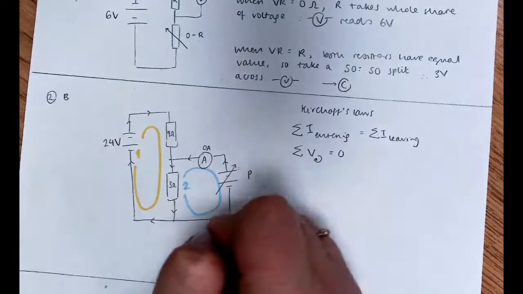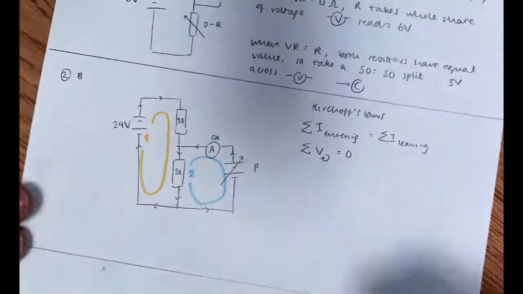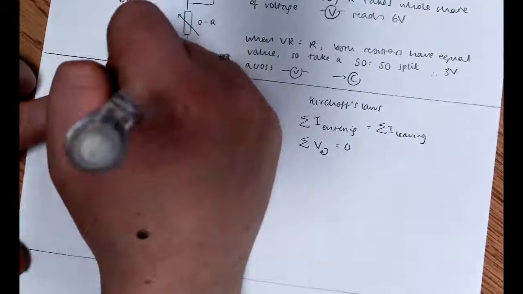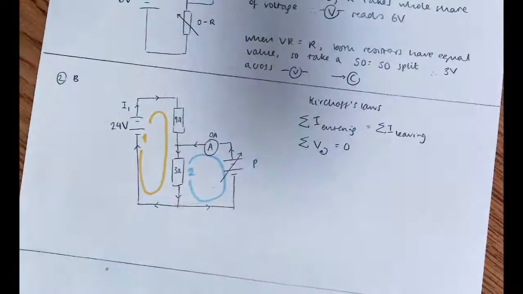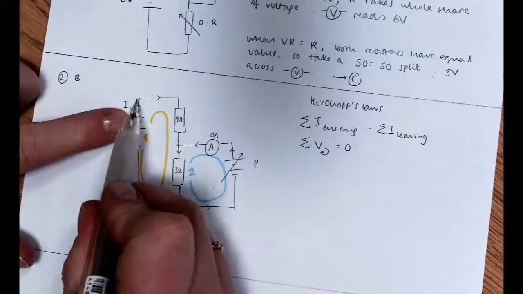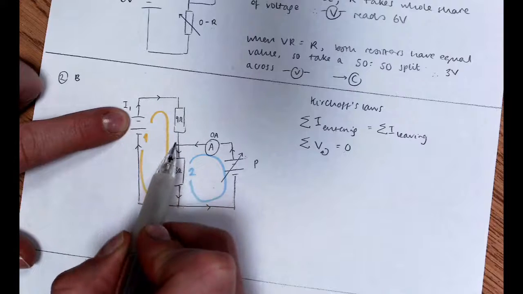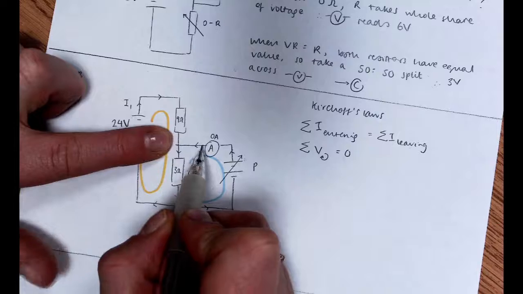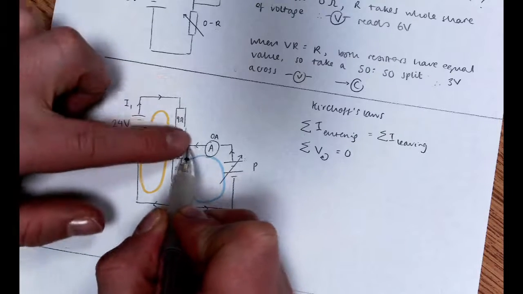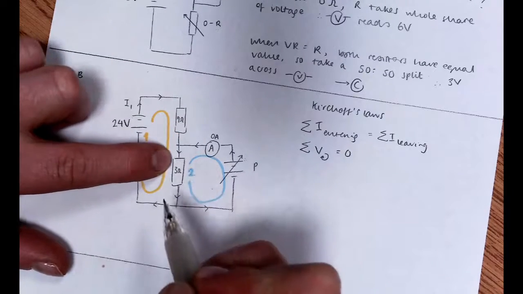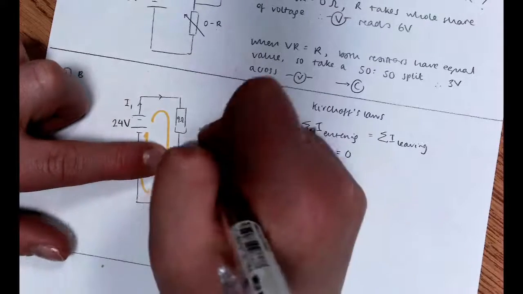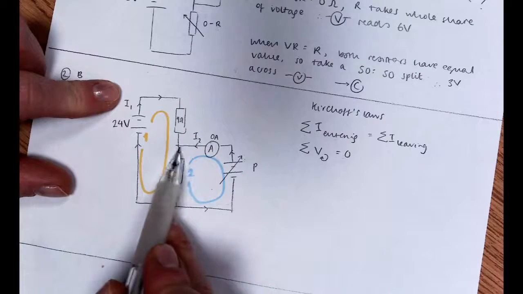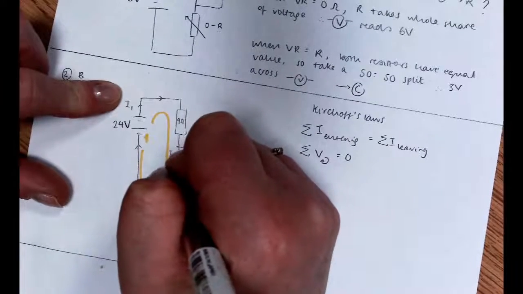Okay, so let's label these up. I'm going to start off by labeling the first value of current I1 here, and I'm going to wait until I get a split. So I've got I1 through the 9 ohm resistor. I1 plus this incoming one, so the 2 incoming, must equal this one. So let's label this as I2, because I1 plus I2 will make I3.